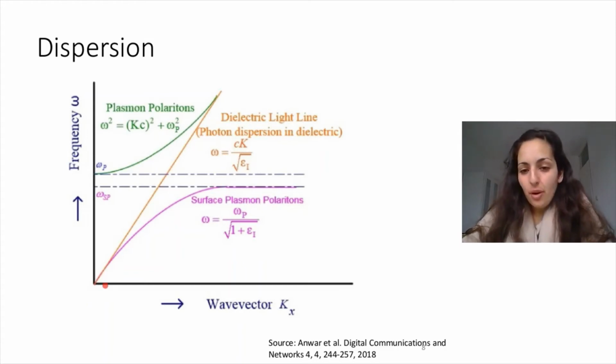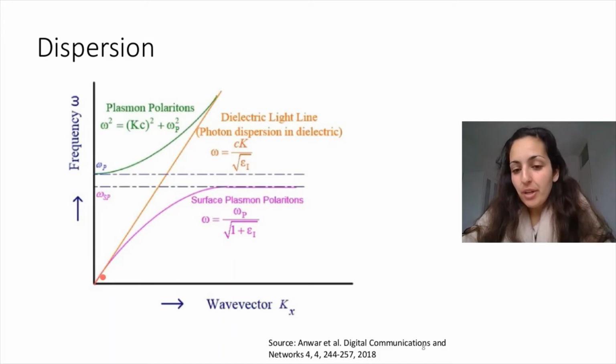First of all, when we look at very small wave vectors, we can see that this dispersion relation is very similar, or even the same as, the vacuum dispersion relation. So for very small wave vectors, so very long wavelengths, we have the same as in vacuum.